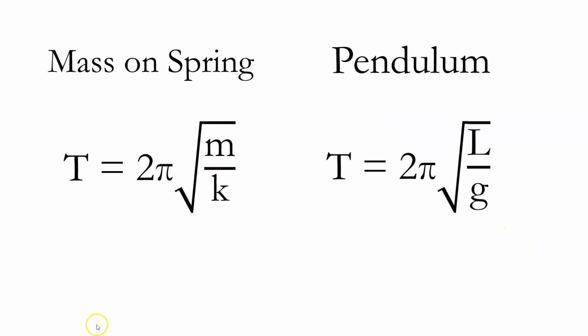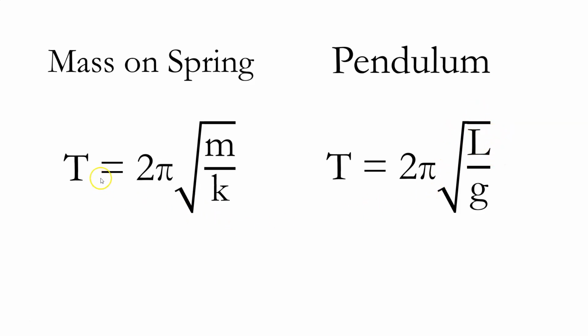So in the mass on a spring, the thing that makes the period longer is mass. Why does the mass make the period longer? I think you have some idea of that. The thing that makes the period longer on a pendulum is length. How does the length make the period longer? That's actually a really challenging question, so I won't ask that one. But if you would like to learn more about that, perhaps in an advanced physics class, we can talk about that.